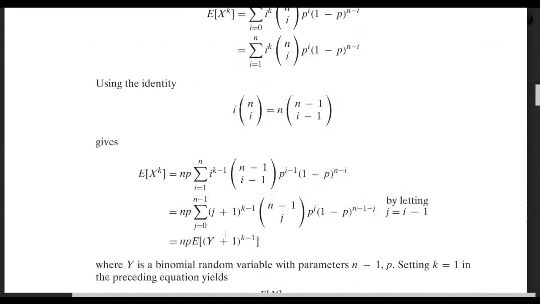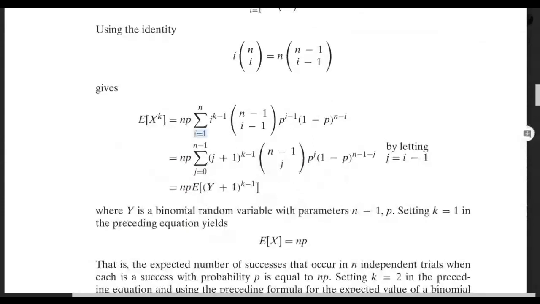Now this is changed, so I equals 1 to n. So starting from 1 to n, now reindex from 0 to n minus 1. So we still have n many. Now I equals j plus 1, so change I to be j plus 1, k minus 1.